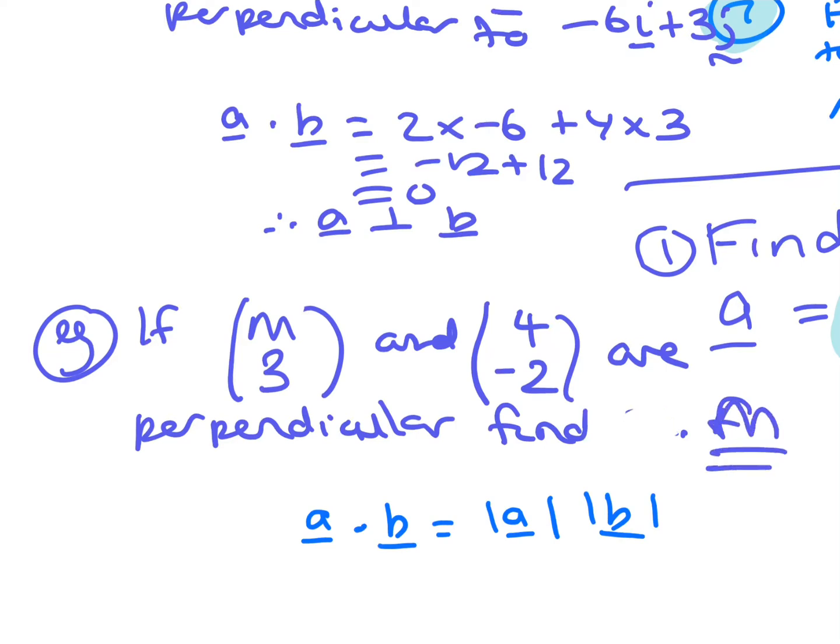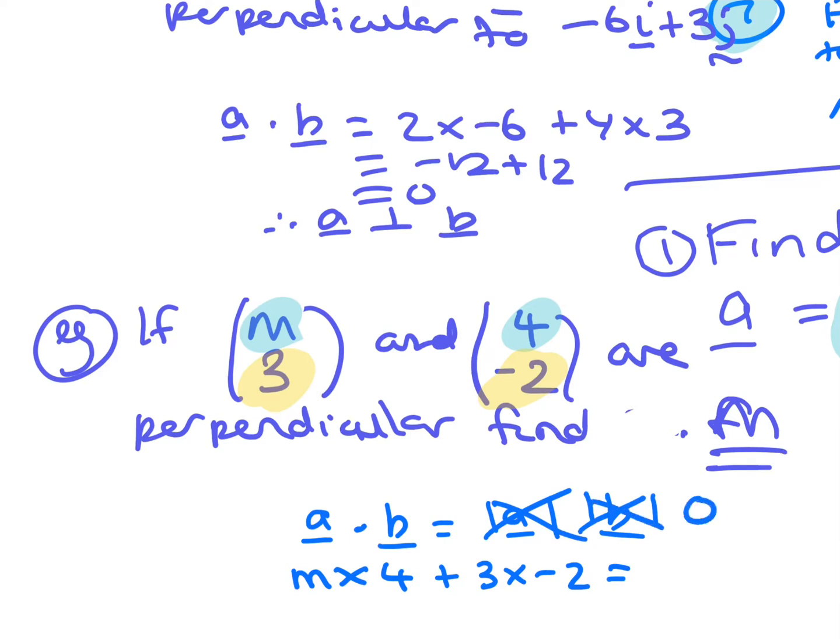All right, so let's have a go at this. So we have A dot B, which is M times 4, because you do the x value of the first one times the x value of the second one, and then you add the y value times the y value. So M times 4 plus 3 times minus 2, and the dot product has to be 0 because it's cos of 90, and cos of 90 is 0.